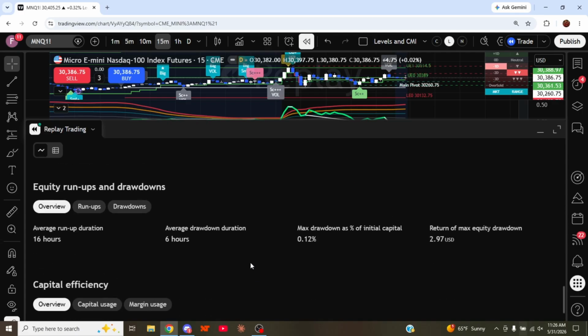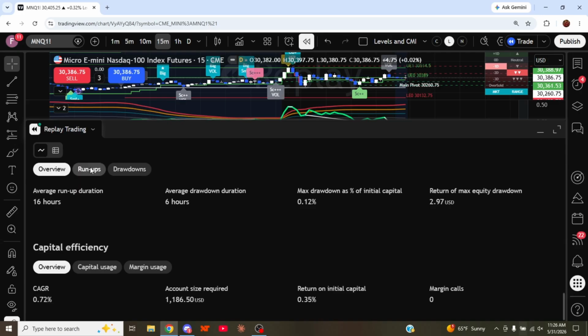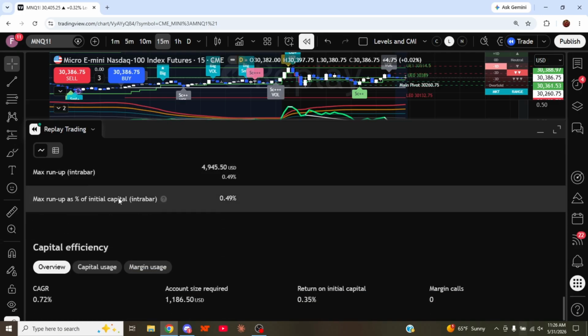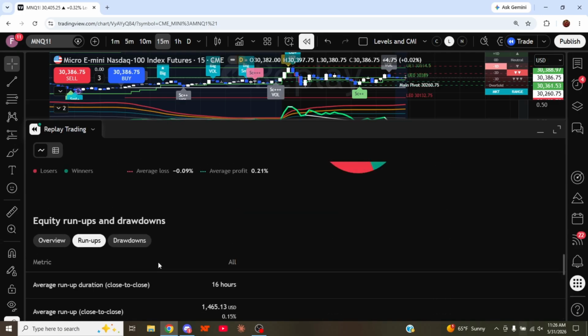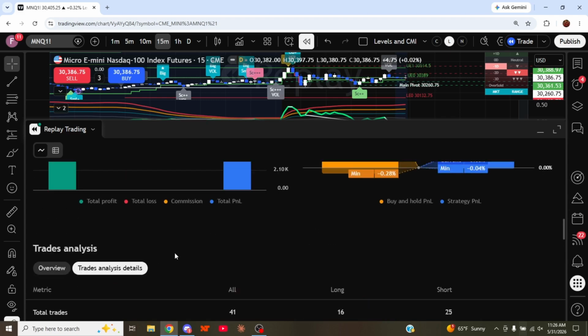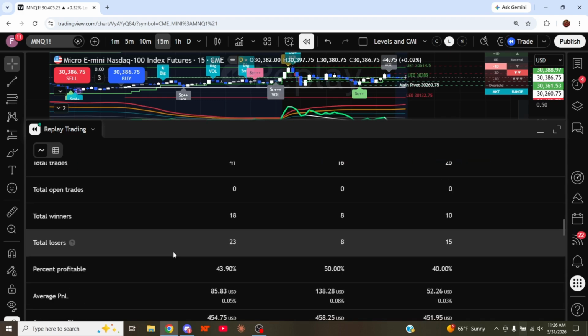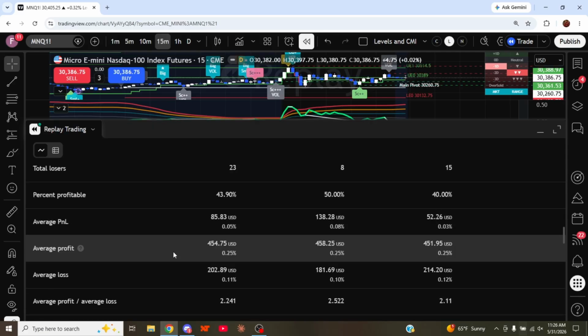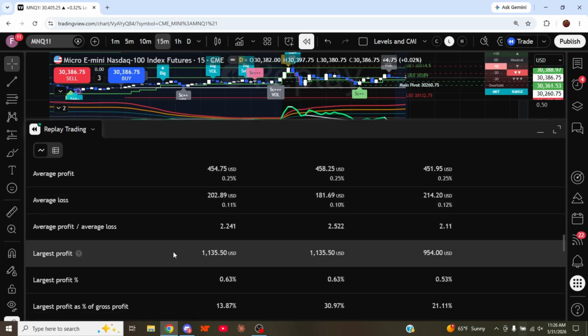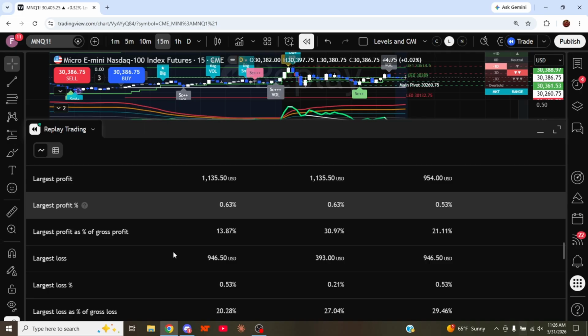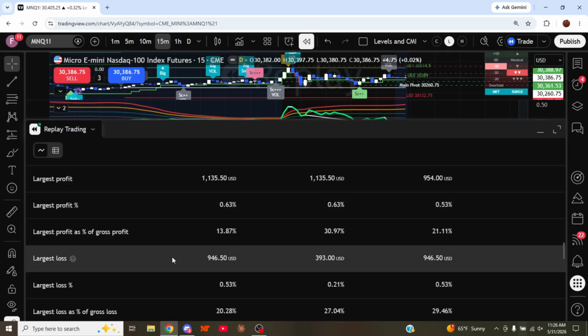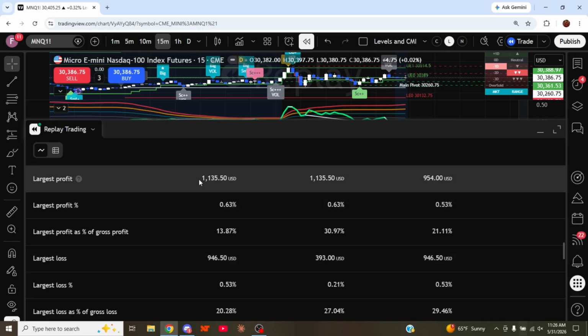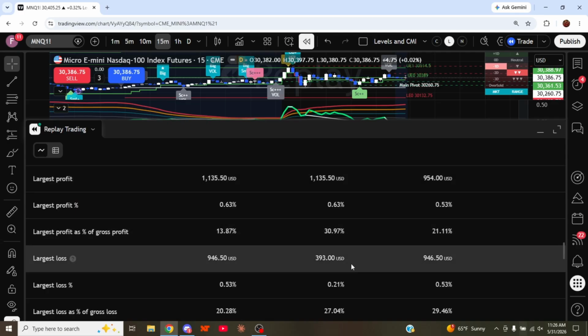Equity run-ups, see, largest loss 946, largest profit 1100.